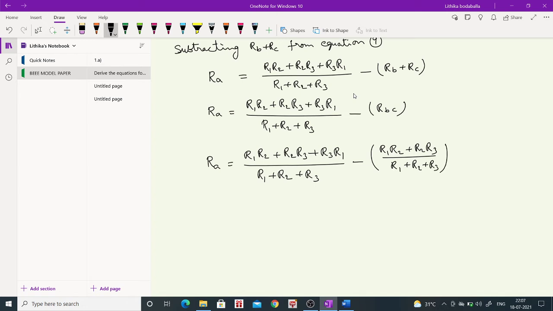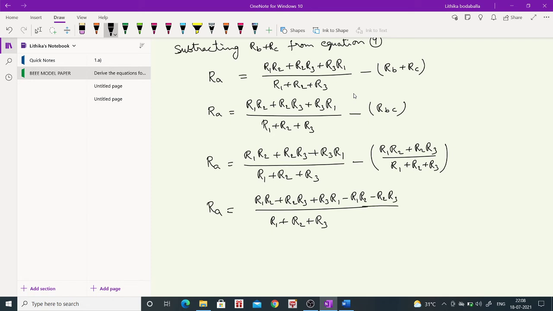So if you subtract, see here your denominator is the same. So if I take R1 plus R2 plus R3 as the LCM, what I will get, RA is equal to R1 R2 plus R2 R3 plus R3 R1 minus R1 R2 minus R2 R3, over R1 plus R2 plus R3.